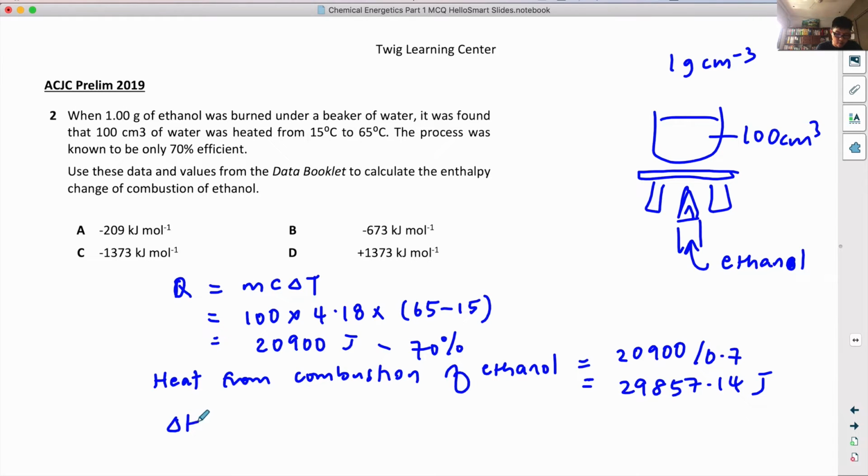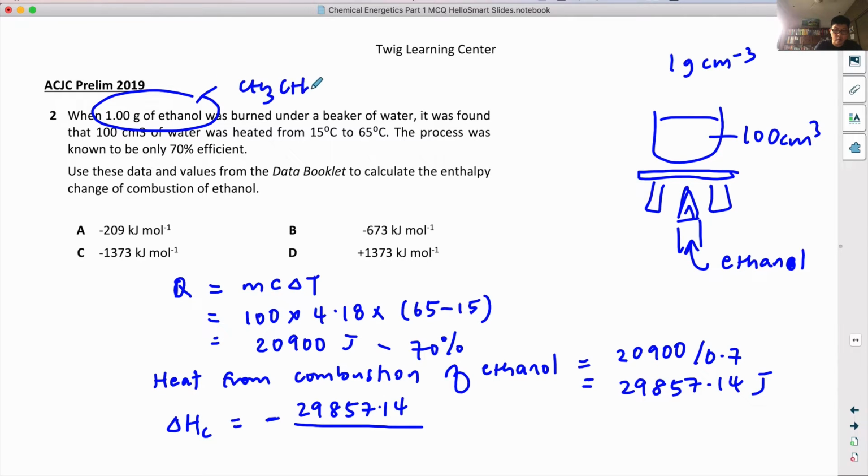The enthalpy change of combustion of ethanol, firstly you must know, is negative, because combustion is an exothermic reaction. This is the amount of heat released per mole of ethanol. So you need to divide by the number of moles of ethanol. The Mr of ethanol, CH3CH2OH, is 46.